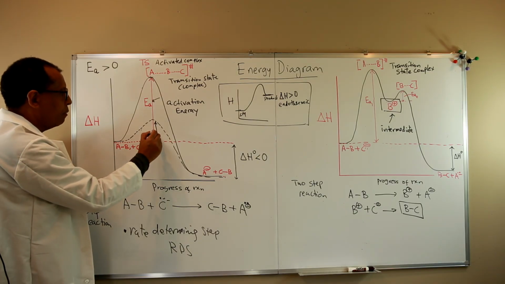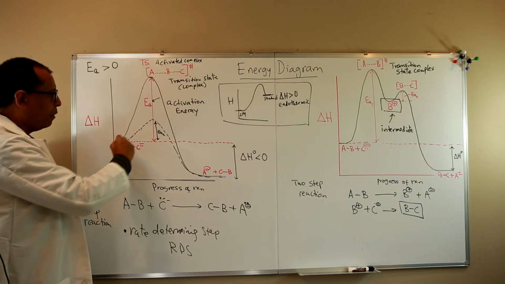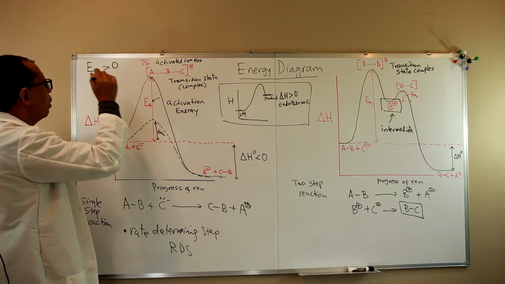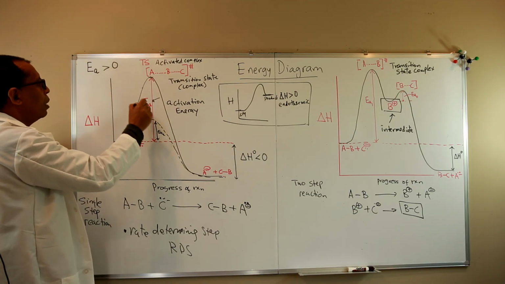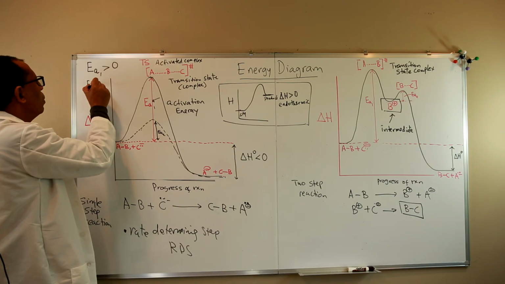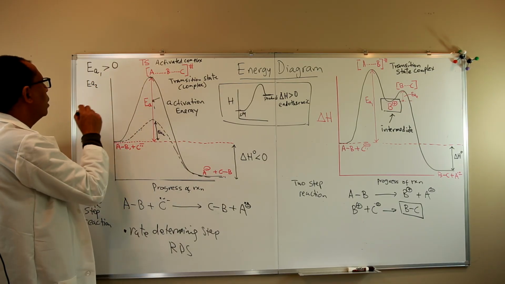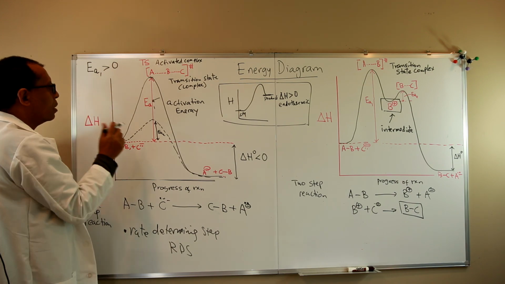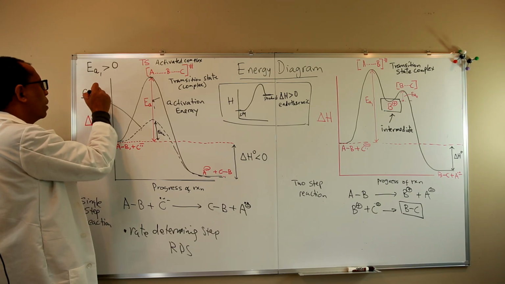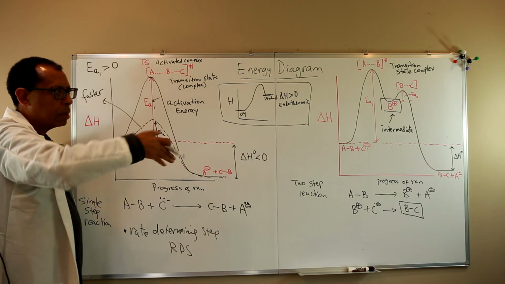Obviously, the lowest activation energy, EA2, is the fastest route. EA is always greater than 0, but between EA1 and EA2, EA2 is less than EA1, so this is the faster reaction, because it requires a very low activation barrier.